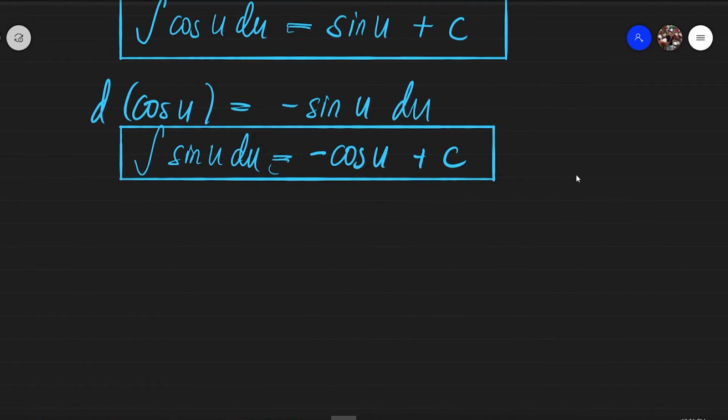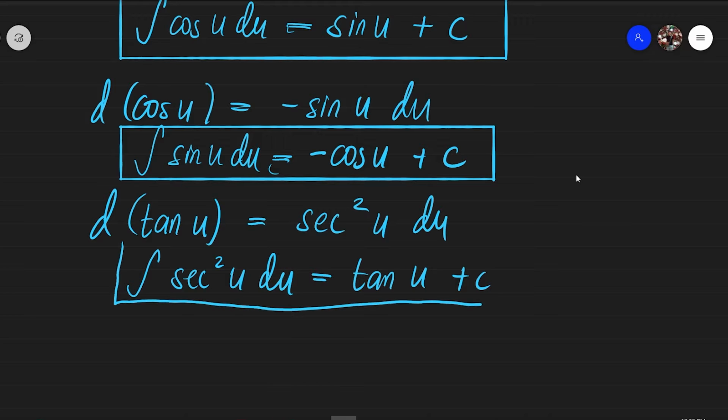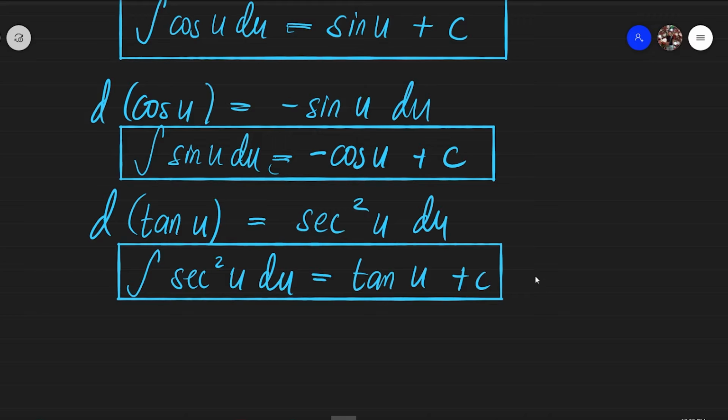Another one, we also have the derivative of tangent u, and this is equal to secant squared u du. So therefore, if we get the integral of secant squared u du, we'll get tangent u plus c. So this is the third formula.